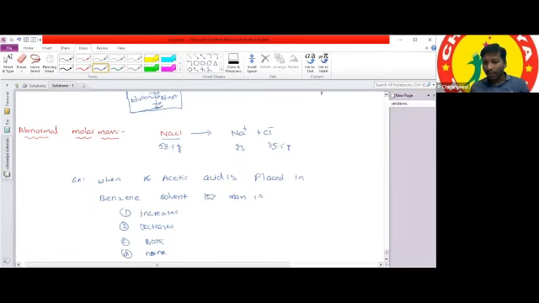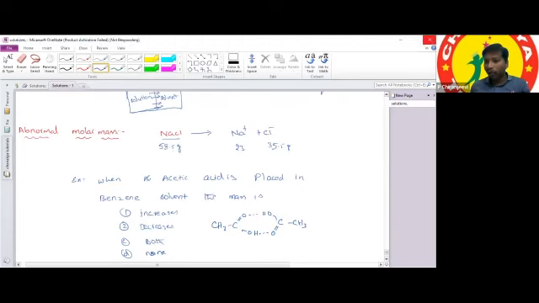For example, CH3, C double bond O, OH is one molecule, and I'm writing another molecule here, C bond OH, double bond O. Between the two molecules it forms hydrogen bonds, forming a cyclic ring. Then the mass is going to increase. That means the monomer becomes a dimer.